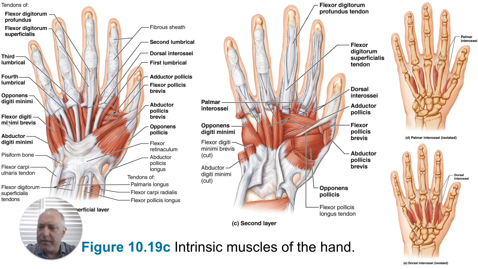On the other side, we've got flexor digiti minimi brevis, abductor digiti minimi, and opponens digiti minimi. You can imagine the motion of the fingers with opponens digiti minimi.